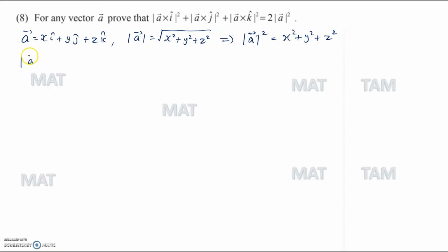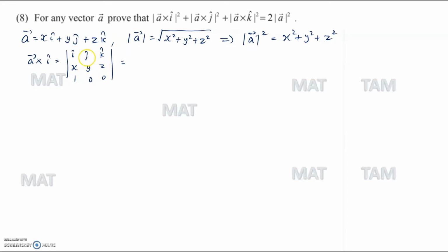Now, the vector A cross product with I cap will be equal to the determinant I cap, j cap, k cap, x, y, z, 1, 0, 0. And that will be equal to I cap times 0, because 0 minus 0 is 0.